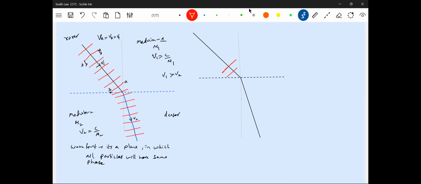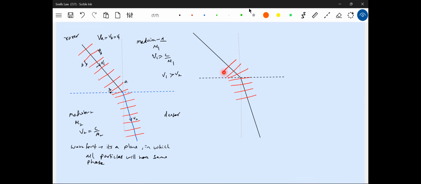Very next moment it is going to have the speed V2, so the wavefront will bend. This region is very important.